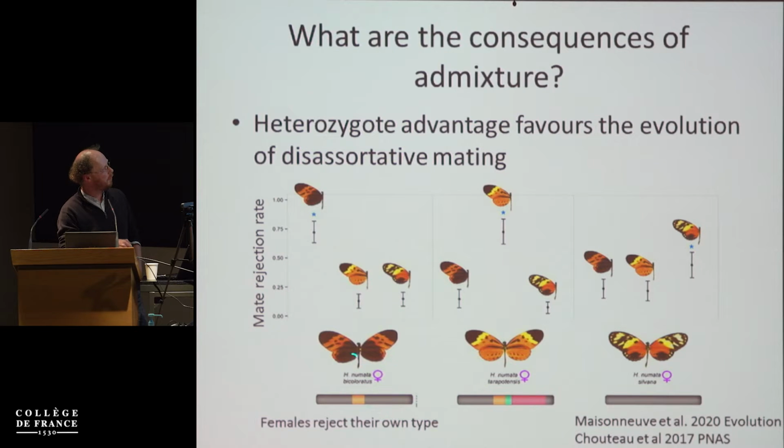For example, the females are here, and you give them different males. They reject, this is a rejection rate, they reject clearly males which have the same wing pattern and therefore the same inversion haplotypes as their own.